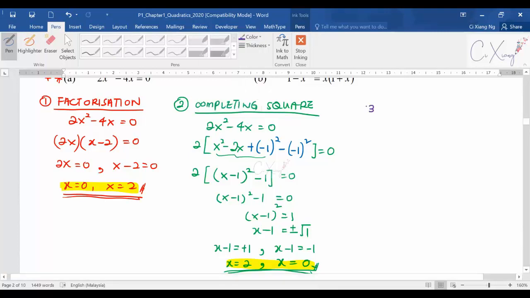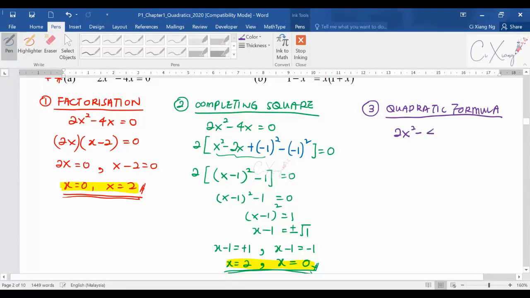So the third method is what? It's the quadratic formula. Okay, so for quadratic formula, generally, it's very easy.